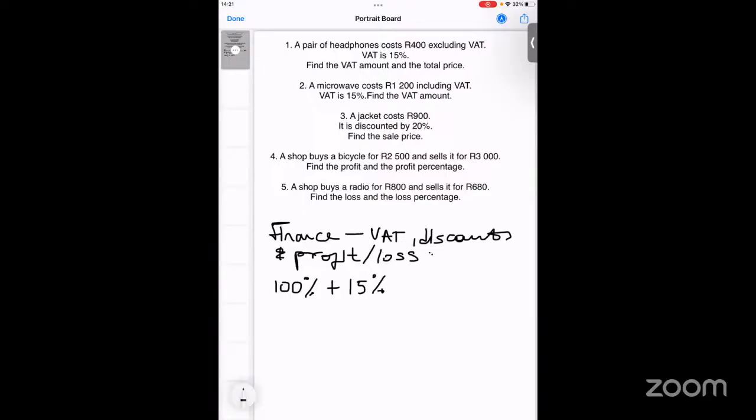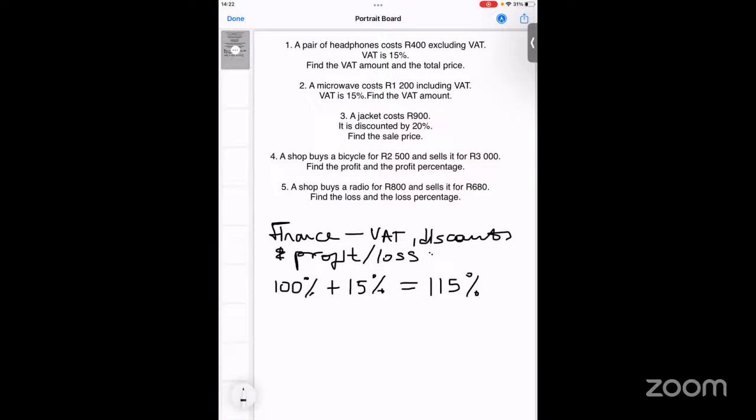If something costs whatever amount, in this case it is 1,200, and that 1,200 includes VAT, that means you've paid 100% plus an extra of 15%, which means in total, in a form of a percentage, you have just paid 115%. That's how much you have paid.